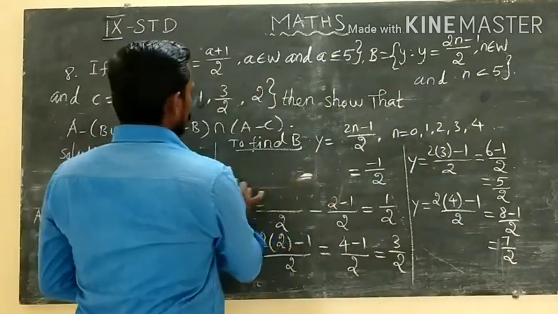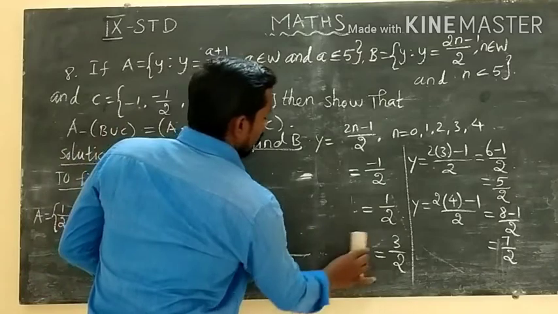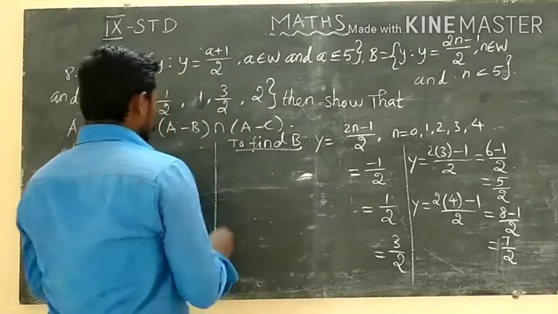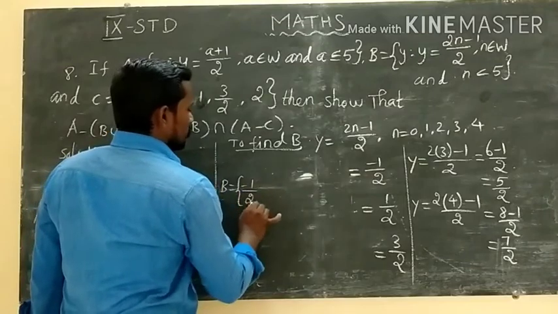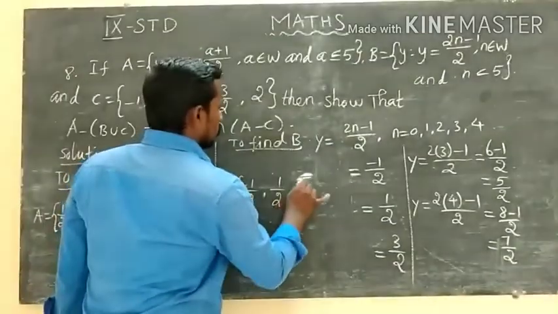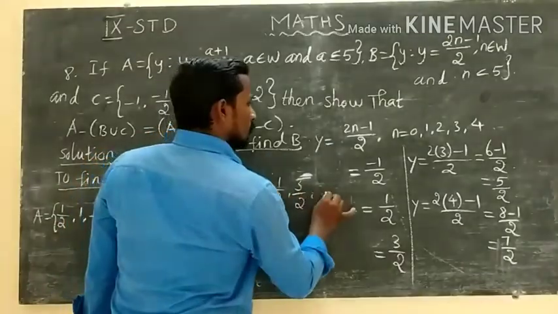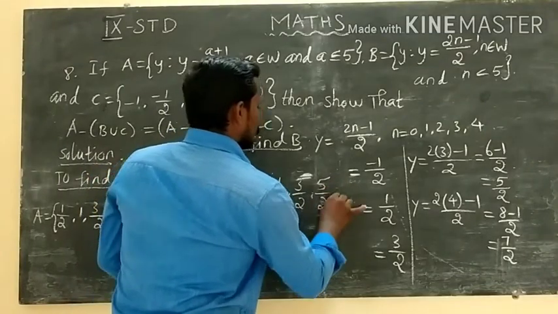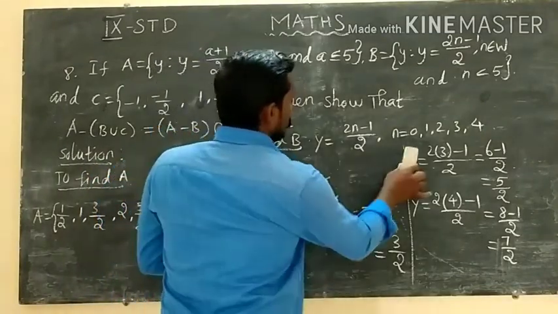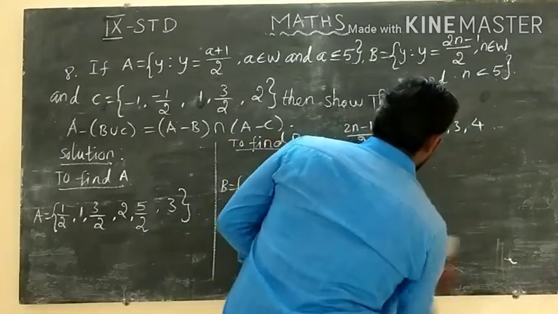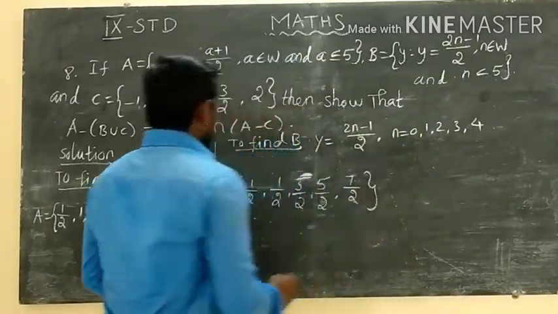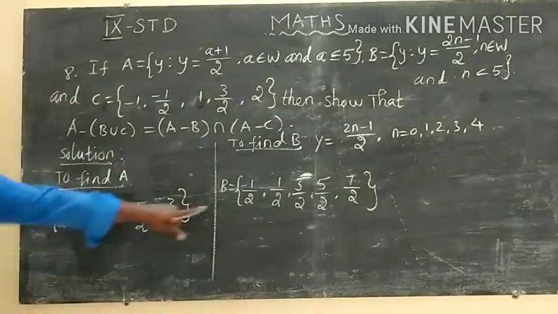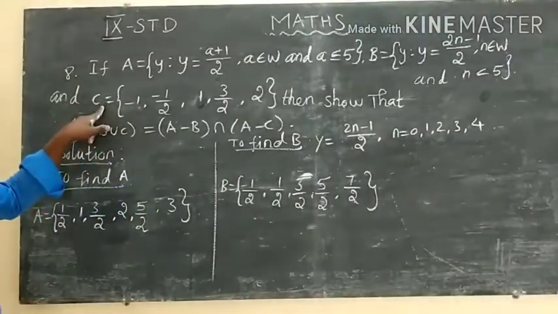Therefore, the set of all B is equal to {minus 1 by 2, 1 by 2, 3 by 2, 5 by 2, and 7 by 2}.